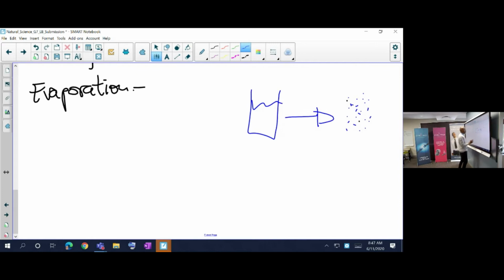So, what happens as I'm boiling this water? As I'm heating this water up, applying heat, right? I'm applying heat to this such that it turns to vapor.